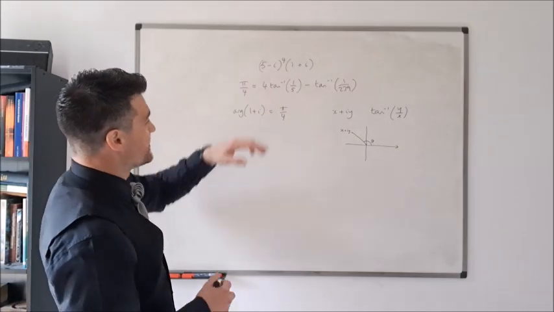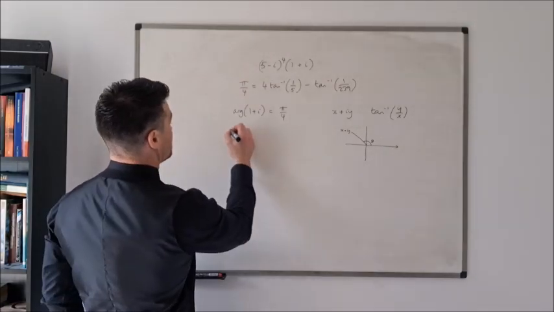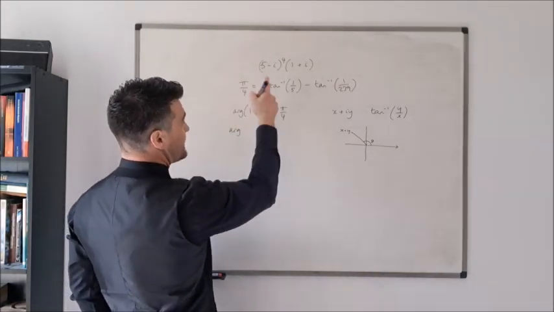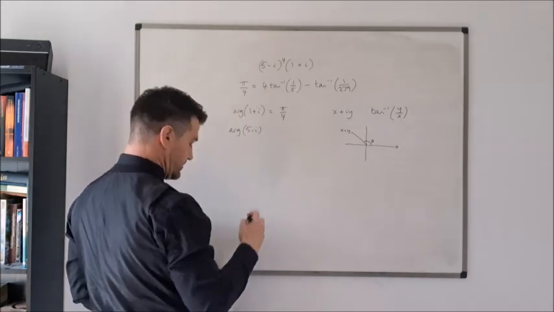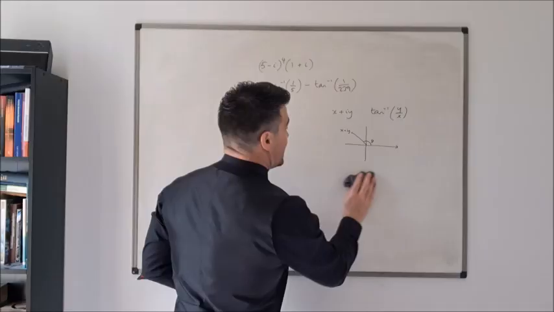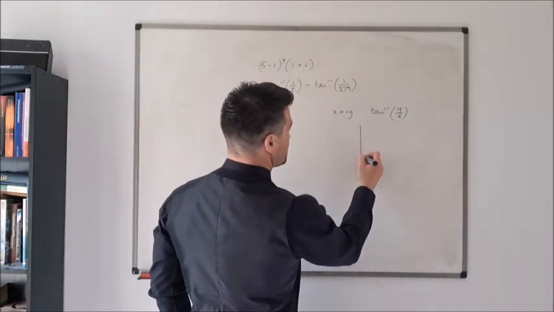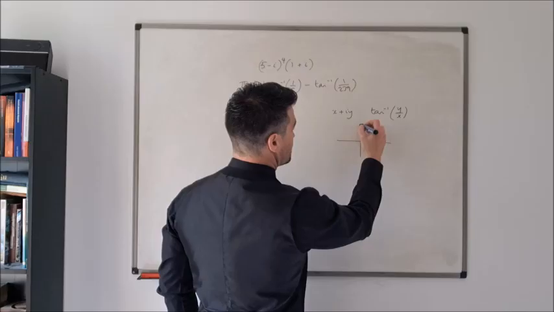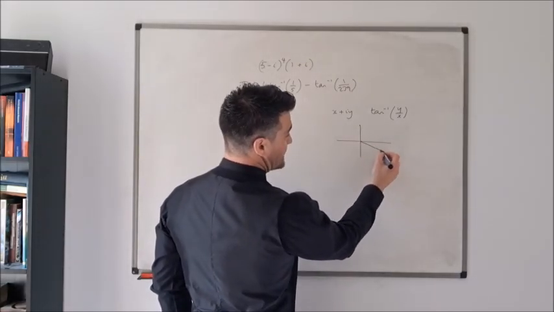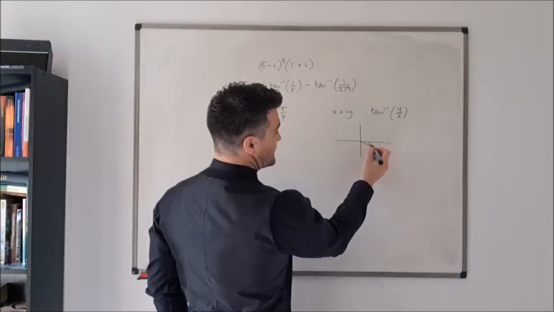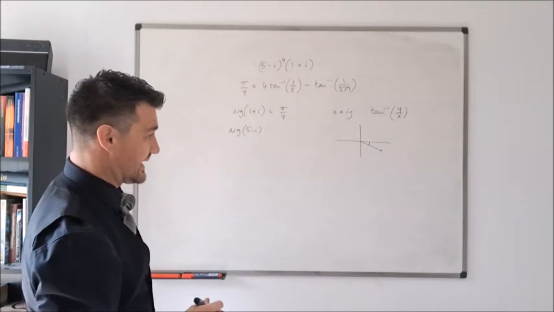So on the other hand, let's think about the argument of, not 5 minus i to the power of 4, but 5 minus i that I'm going to consider. It might help to visualize where this is going to be. Well, 5 minus i is going to be down here somewhere, so the argument is going to be this angle, below the horizontal axis.